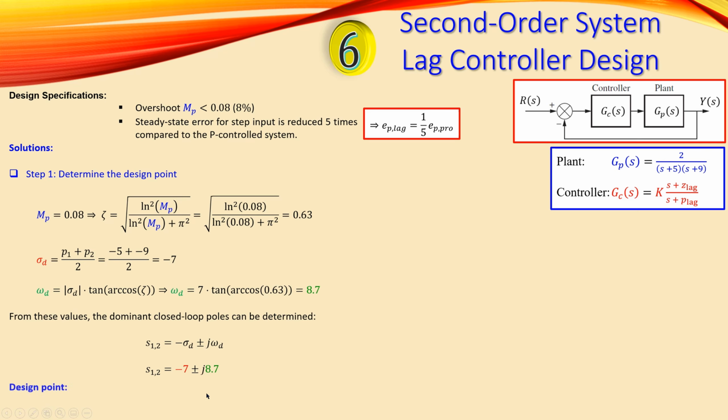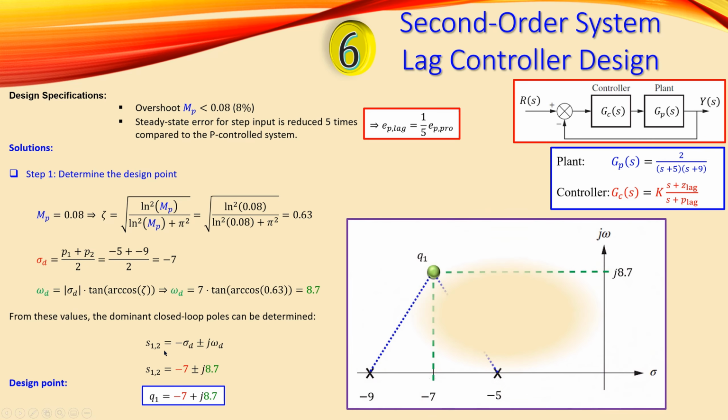Now from here I will take a design point, and we will select the one with the positive imaginary value, which is designated here as Q1. So the design point Q1 is -7 plus j8.7, and I will use this to determine the parameters of the lag controller. So let's look at it in more detail here.